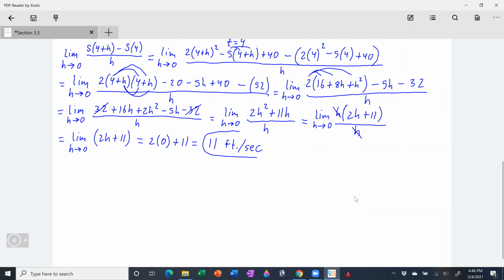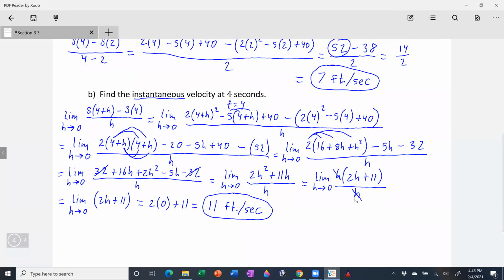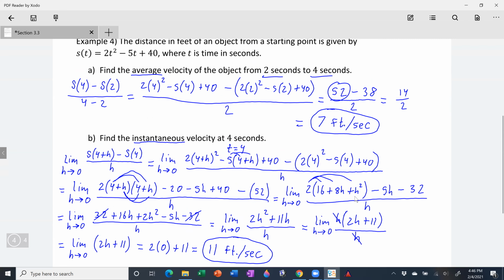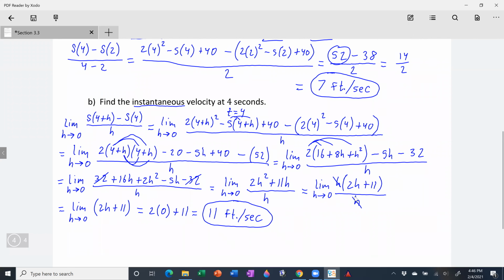All right. So to think about that, if you pick an x value or a t value of 4, and you look up and see where that matches on the graph, in that one instant, you can imagine that the slope of the function would have a slope of 11. Okay, so that's steeper. From 2 to 4, the slope was only 7, but right at 4, it looks like it got steeper.